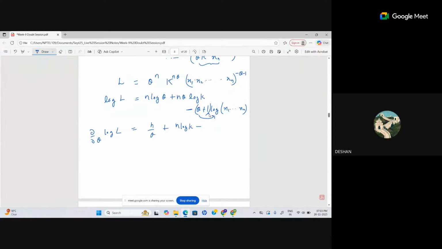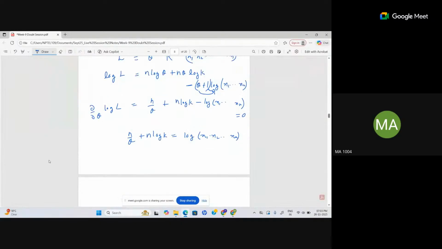Now we have to equate it to 0. So we have n by theta plus n log k equal to log of multiplication of x1, x2 up to xn. Now from here you just have to find the value of theta.